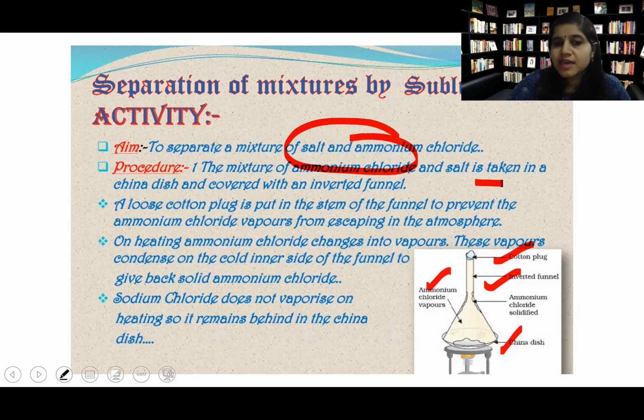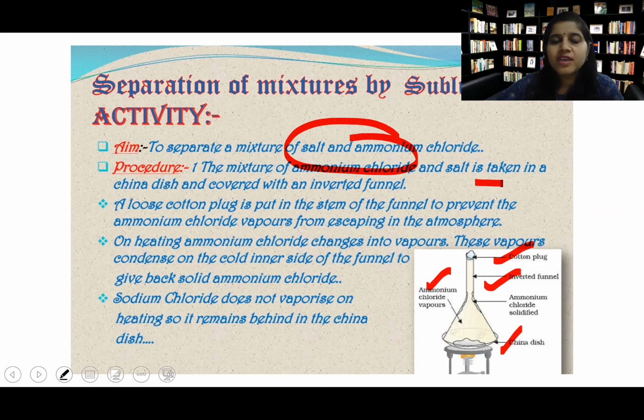After some time, when we start cooling down, these vapors condense on the cold inner side of the funnel to give back solid ammonium chloride. You can scratch the white powder from the inner wall of the inverted funnel with a spatula, and that is ammonium chloride.